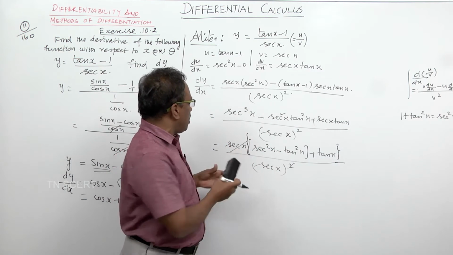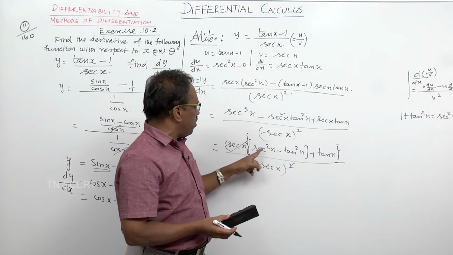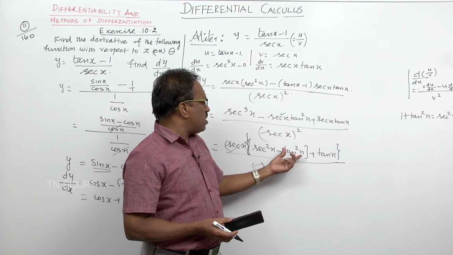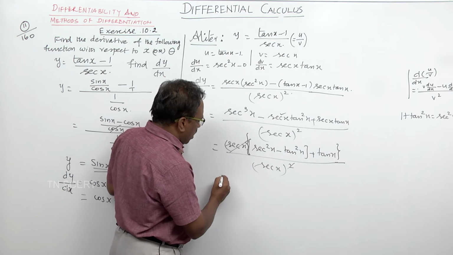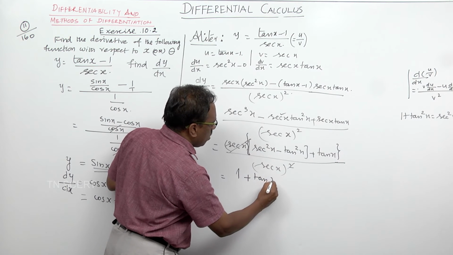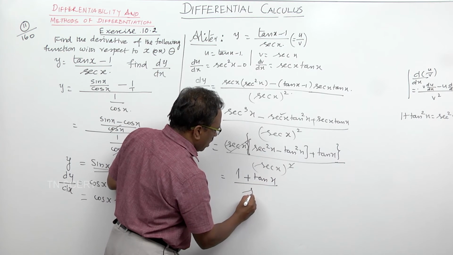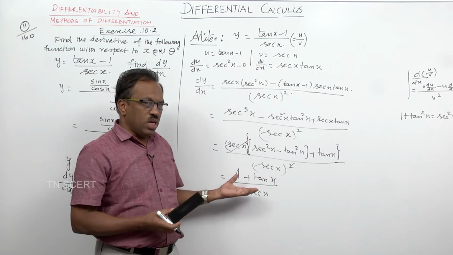I have taken secant x common on the whole, so that means secant square x minus tan square x, with one secant x taken common in this. So secant square x minus tan square x is 1, and we get 1 plus tan x by secant x. Remember that.